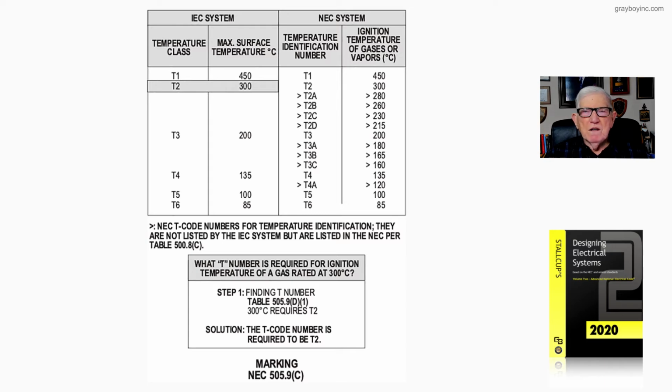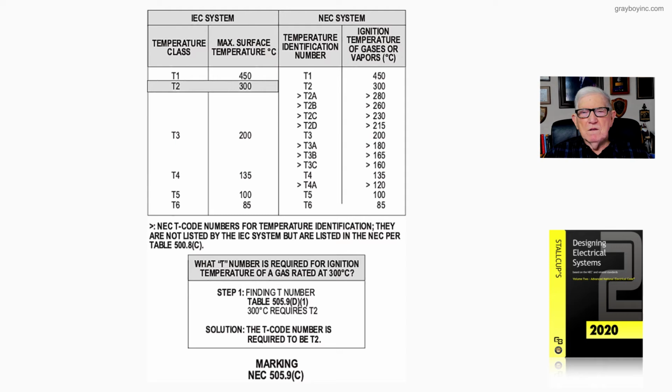In other words, we could have a T2, which would be 300 degrees Celsius, but we could also pick up a B, C, or D. So you could get a T2D, and that would be 215, see? So we have a more variety of fixtures, for example, with T-code letters and equipment too.